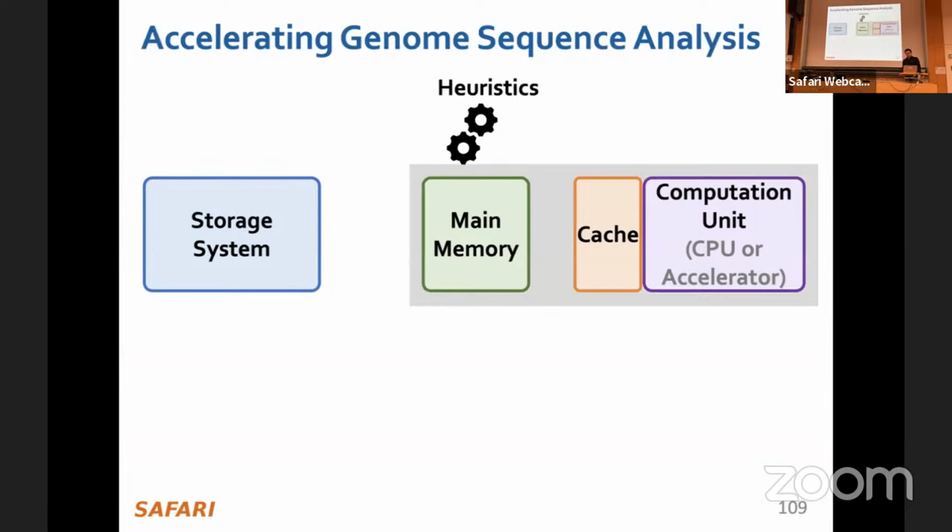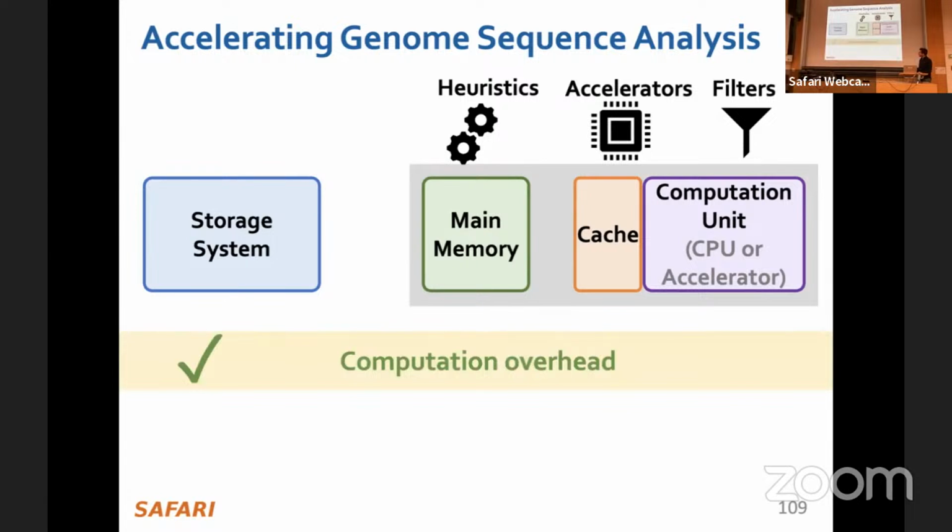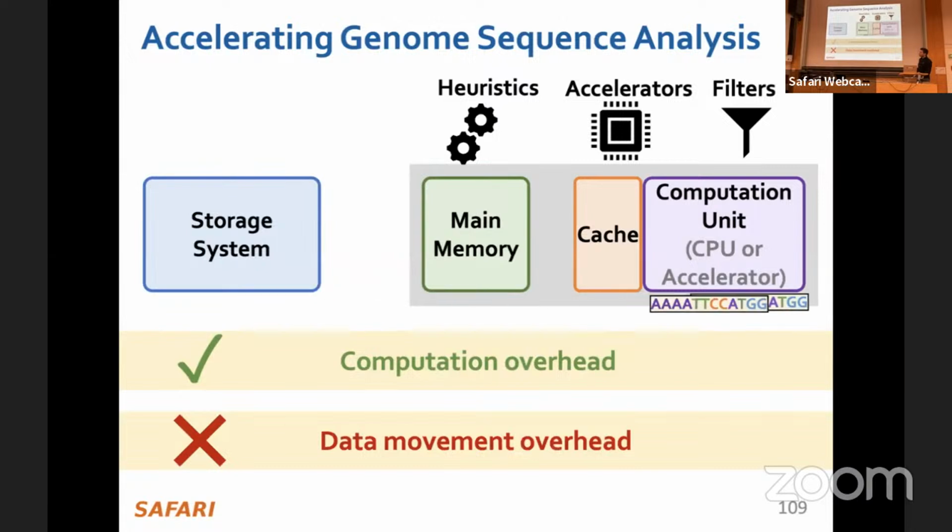But then as you improve the algorithms, maybe you design heuristics to reduce the amount of computation, design some accelerators, design some filters, the amount of data that you're computing on shrinks. This means that the bottleneck will actually shift. Maybe you'll alleviate the computational bottleneck, so you're not going to spend a lot of time computing, but you'll spend a lot of time moving the data, right? So now the goal is to minimize this.